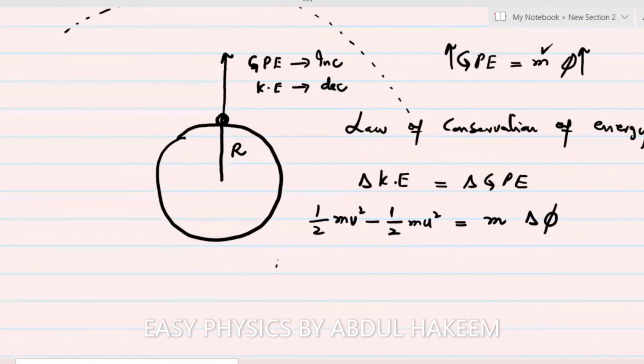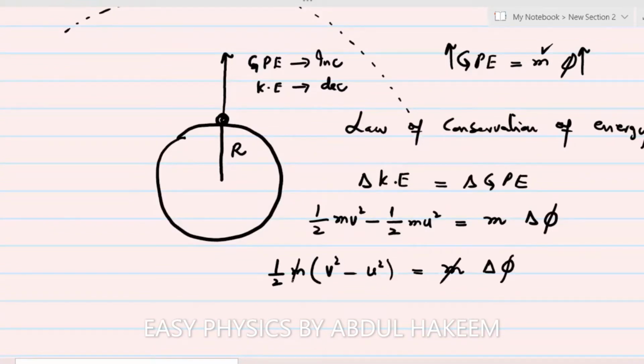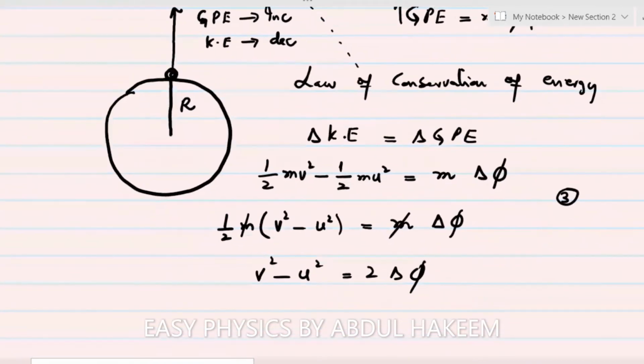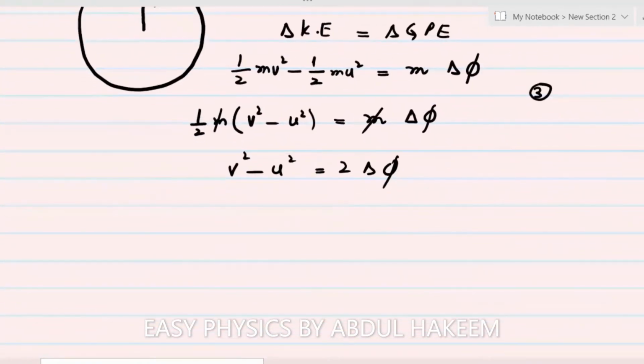Now, 1 by 2 m is constant, so we can write v square minus u square is equal to m phi. So m cancelled. We can write v square minus u square equals 2 times delta phi, and this is a 3-mark derivation. This is the equation of motion, right? v square minus u square is equal to 2 times delta phi.